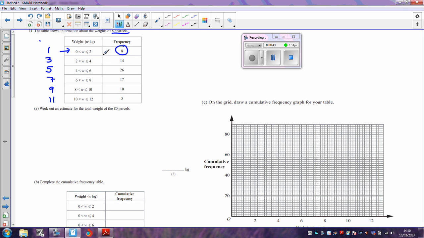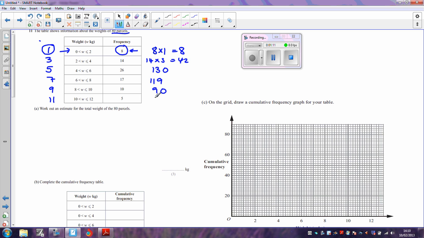Now, what I'm going to do to work out the total weight of the 80 parcels: if I have 8 parcels, each of which weigh about 1 kilogram, then altogether that is 8 times 1, in other words, 8 kilograms. And I'm going to do the same here. 14 times 3, well, that's going to give me 42. 26 times 5, well, that's 130. 17 times 7, 119. 10 times 9 is 90.